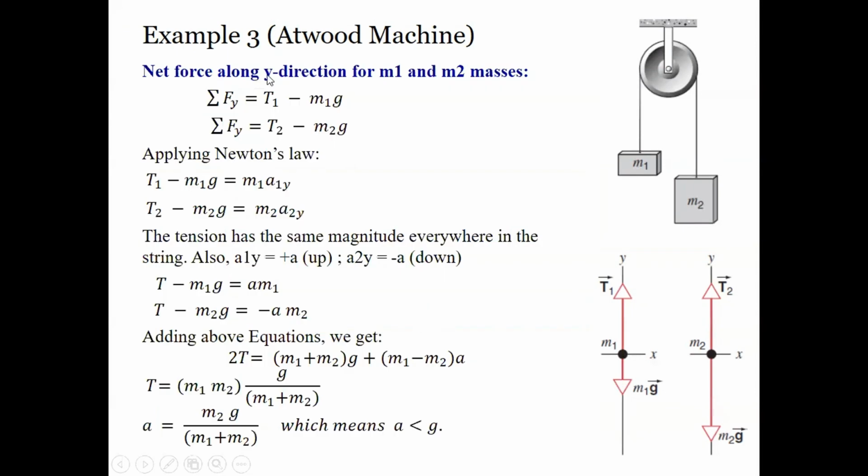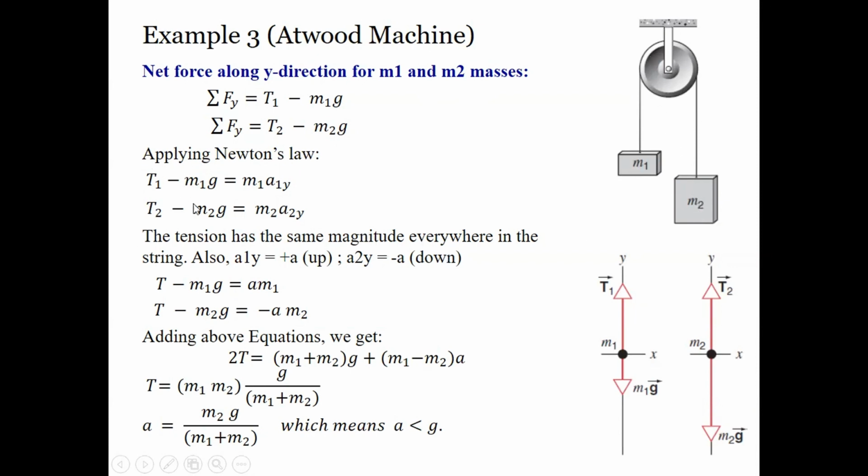Then further, the net force along the y direction for M1 and M2 are these. Then applying Newton's laws, we see that M1 A1y and M2 A2y are equal to the net force. Now the tension has the same magnitude everywhere in the string.